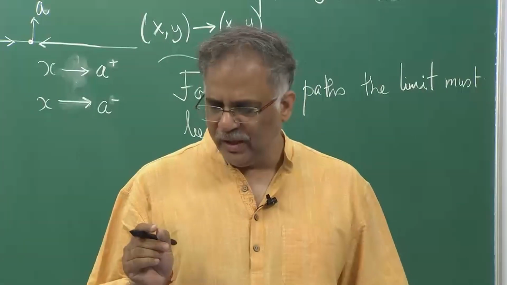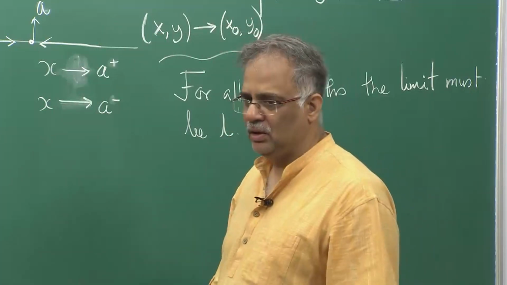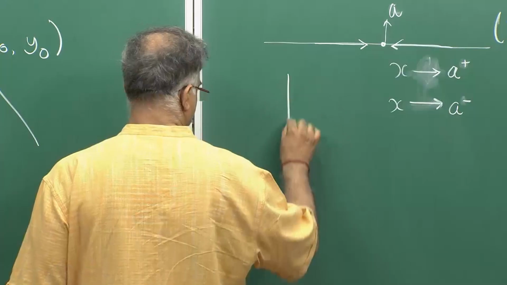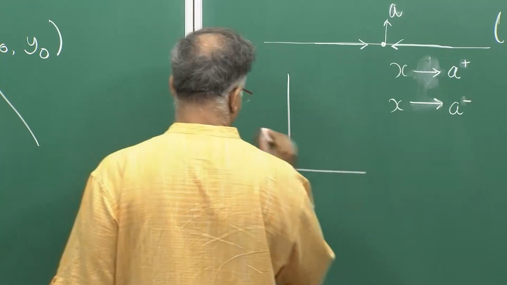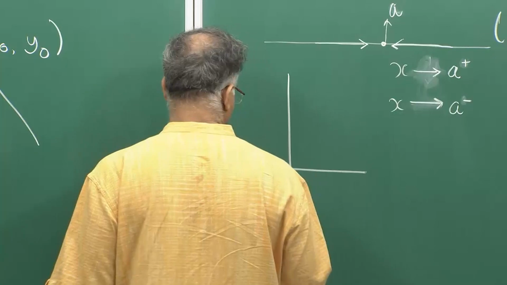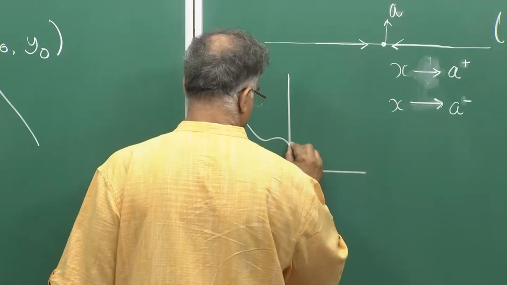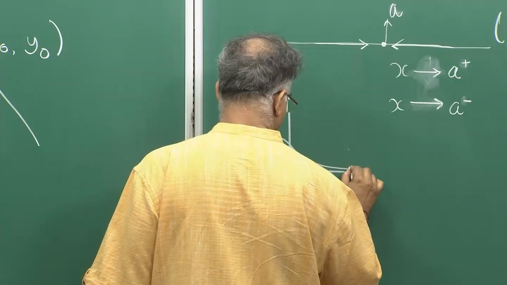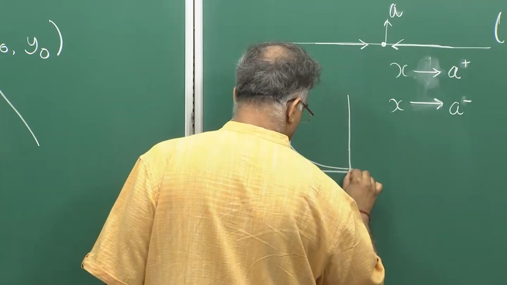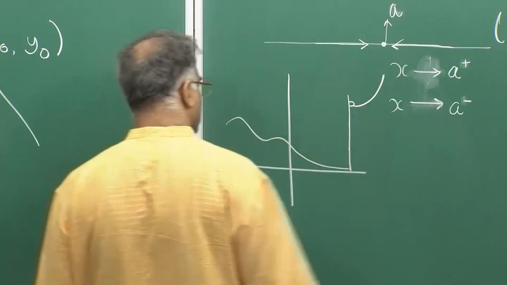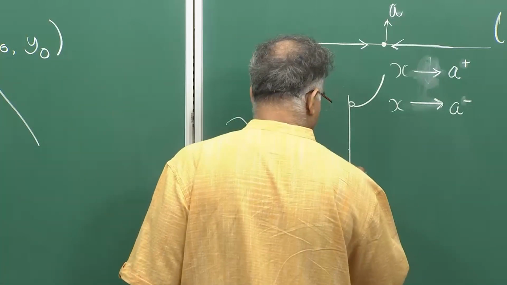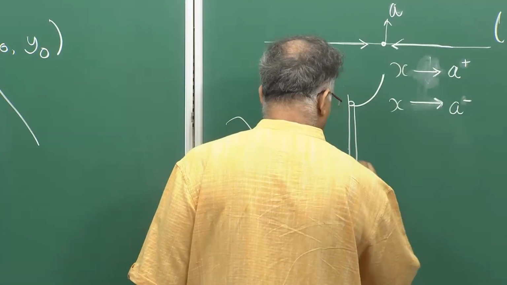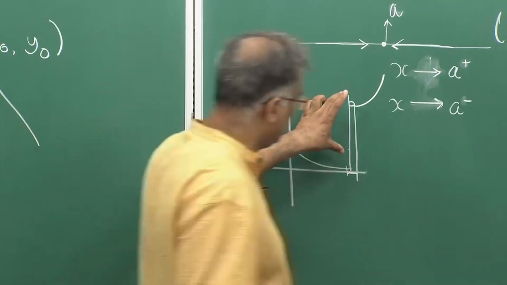So, if for a very small change in x there is a huge change in y, for example, you have a function like this, in this neighborhood the function values have changed very heavily.